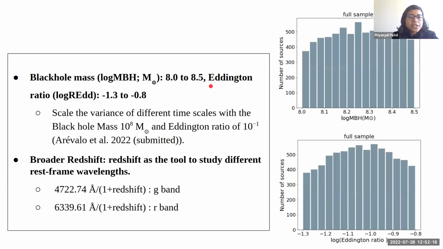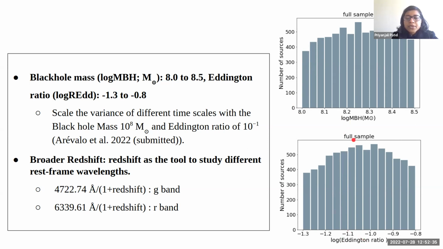After estimating the variance, we make the sample homogeneous. So here you can see on the right, this is the histogram of the black hole mass on the top, and below that this is the histogram of the Eddington ratio.